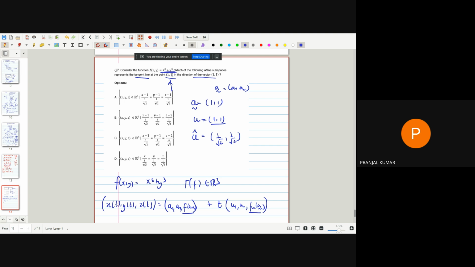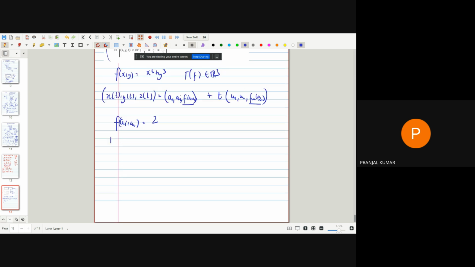But when all four options give you some equation, don't worry about it; it is presumed to exist. So for f_U of A1, A2, what is the formula? It is the gradient vector at (A1, A2) dot product with (U1, U2), yes or no?